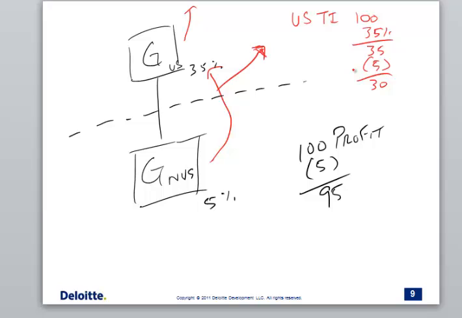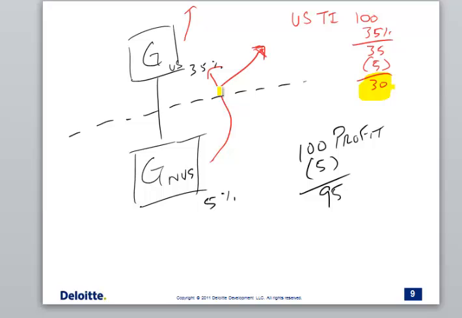This is at the root of the issue, right? This is like the public policy debate on corporate taxes. The U.S. tax system is a worldwide system, it taxes worldwide income. So you bring your worldwide income into the U.S., it's subject to U.S. tax, right?